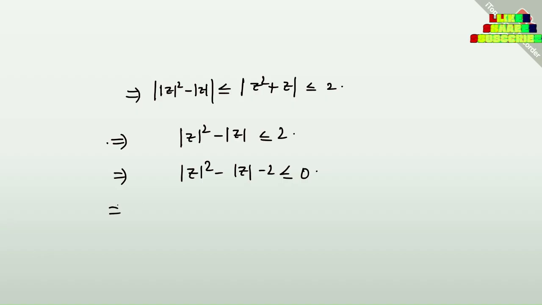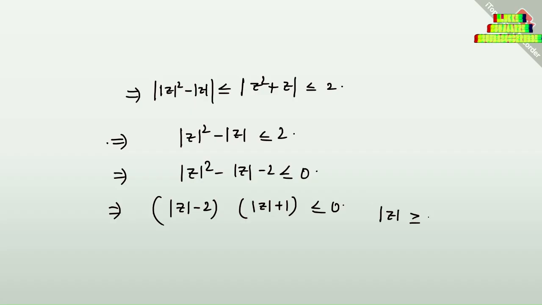So by factorizing it, we can write this as mod of Z minus 2 times mod of Z plus 1 is less than or equal to 0. Now we know that mod of Z is always greater or equal to 0. Therefore, mod of Z plus 1 is always greater or equal to 1. Therefore, mod of Z plus 1 can never be less than or equal to 0.